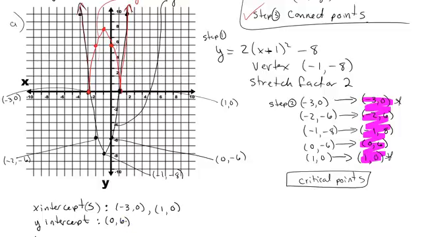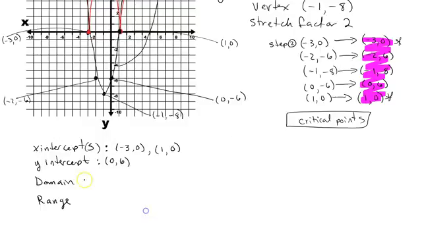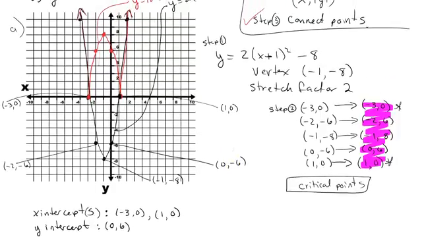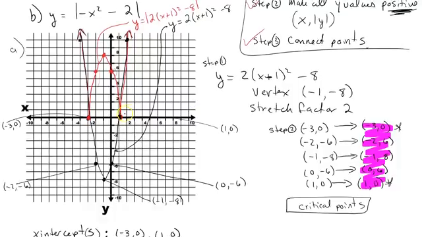Our domain, just like with a parabola, is going to be x is an element of the reals. The range is a little bit different. Usually the range for this thing would be y is greater than or equal to -8. The only thing here is that the absolute value function cannot be less than 0.